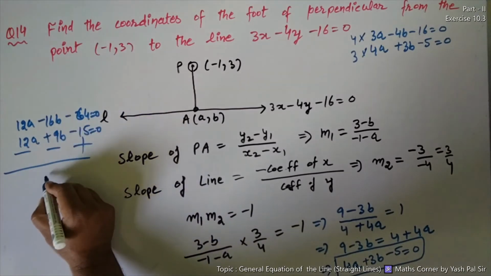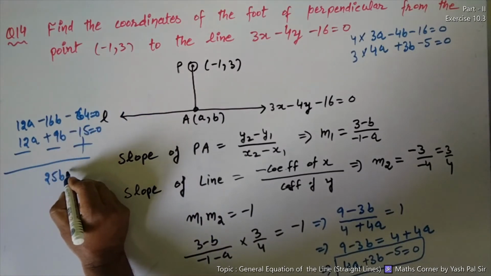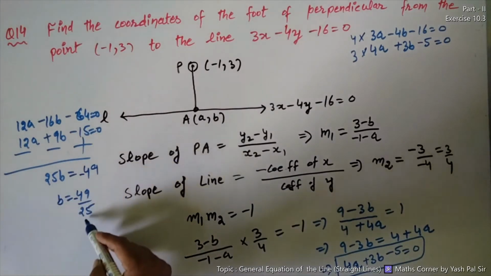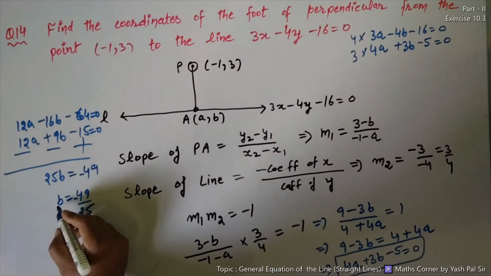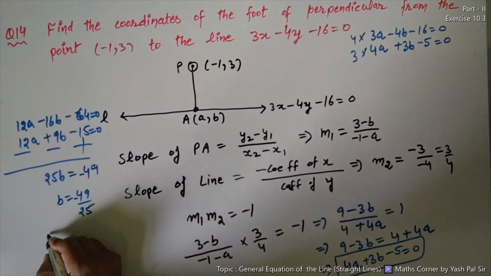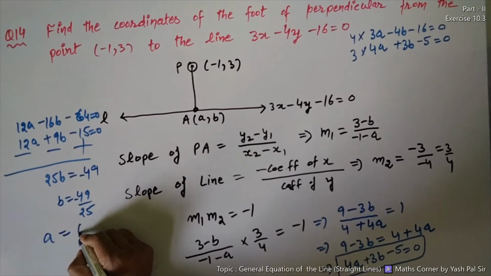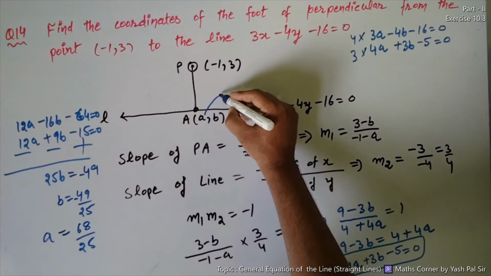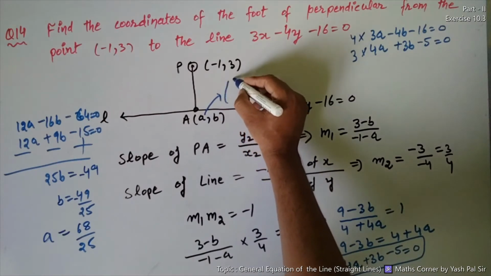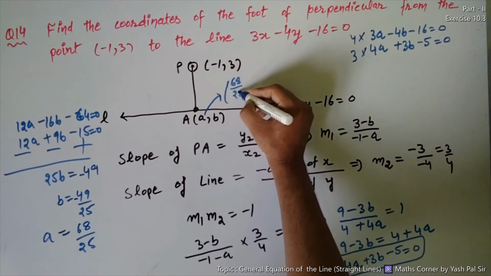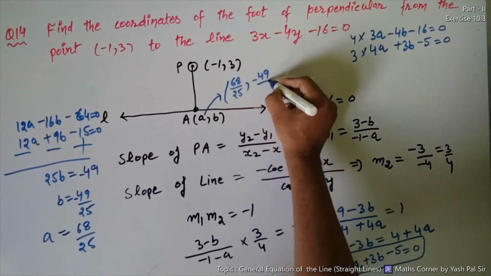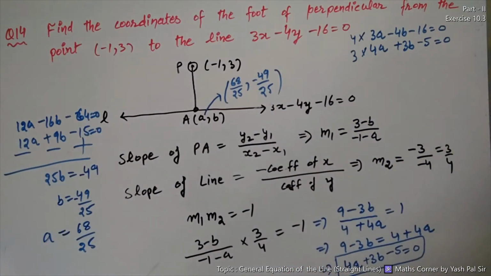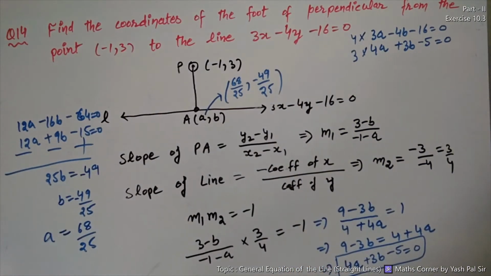So we have 25b, and solving this, b is equal to minus 49 upon 25, and substituting this value, we have a is equal to 68 upon 25. So this way the foot of perpendicular becomes 68 upon 25 comma minus 49 upon 25. This is the required result. Okay, now next question.